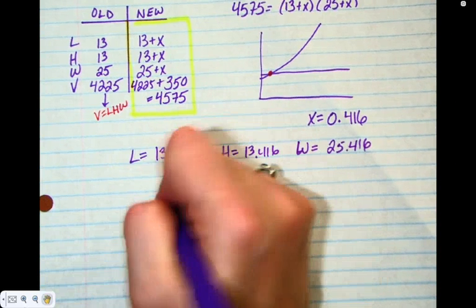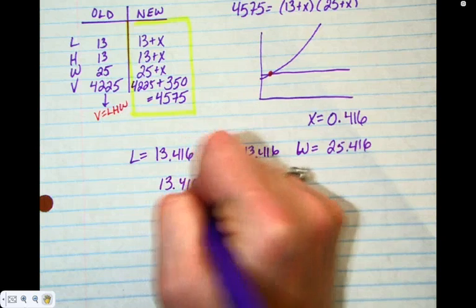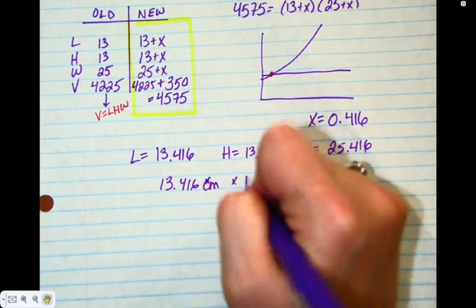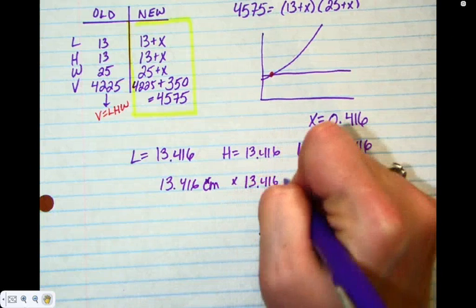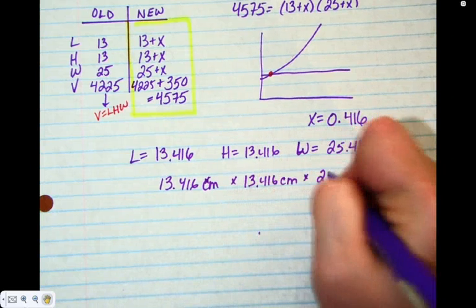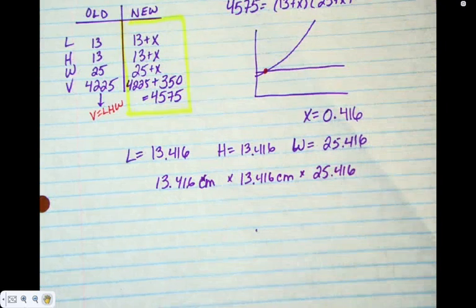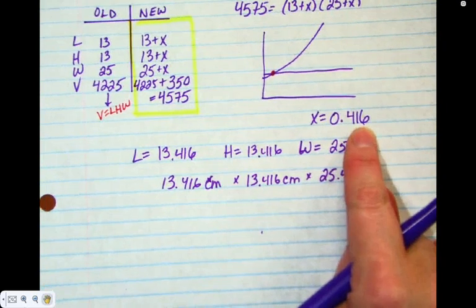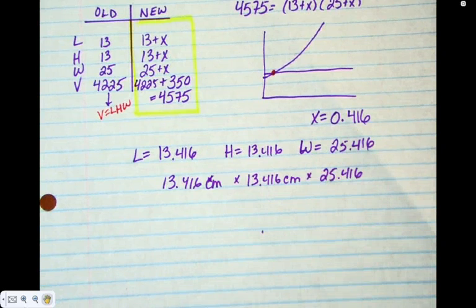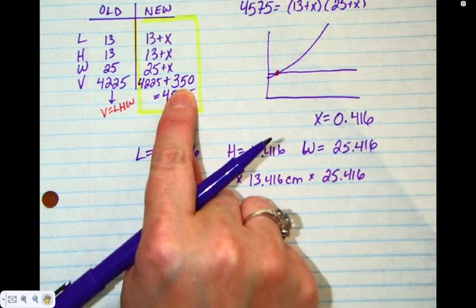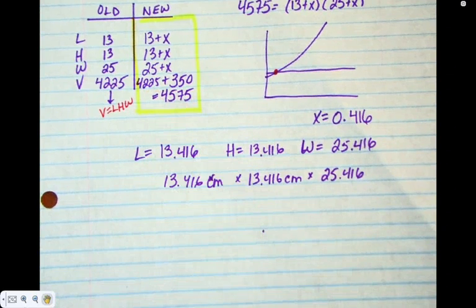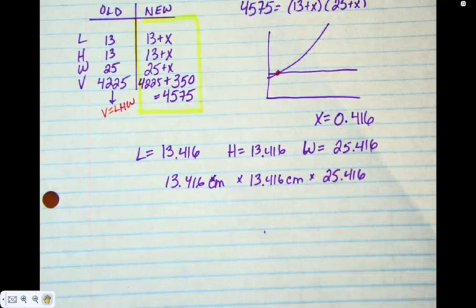Not at all. Oops, centimeters. Was it centimeters? Yes. Why is the number so teeny tiny? Well, look how much we're adding to the volume. If our volume's at 4,200 roughly and we're adding 350, that's such a tiny little amount. So it's not going to change our packaging very much.